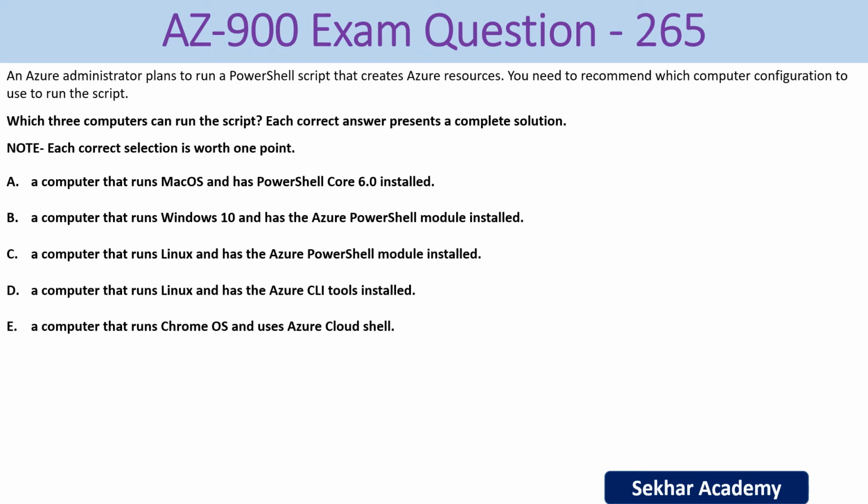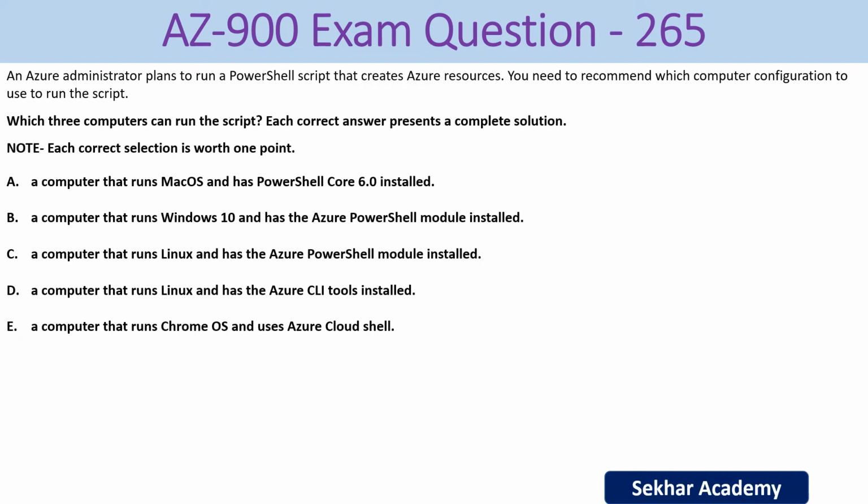Next, question number 265. An Azure administrator plans to run a PowerShell script that creates Azure resources. You need to recommend which computer configuration to use to run the script. Which three computers can run the script?